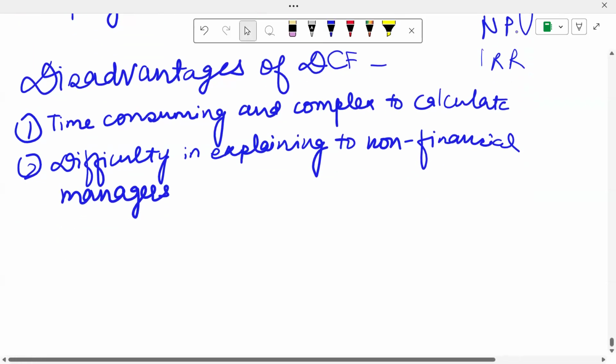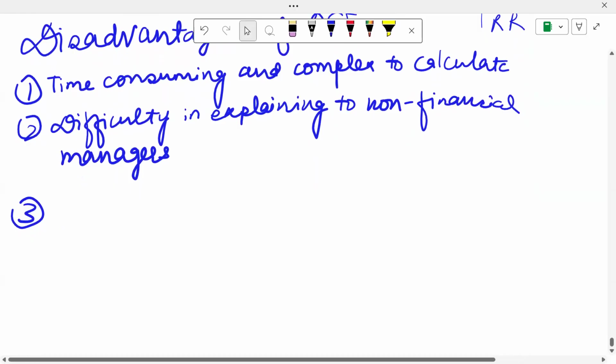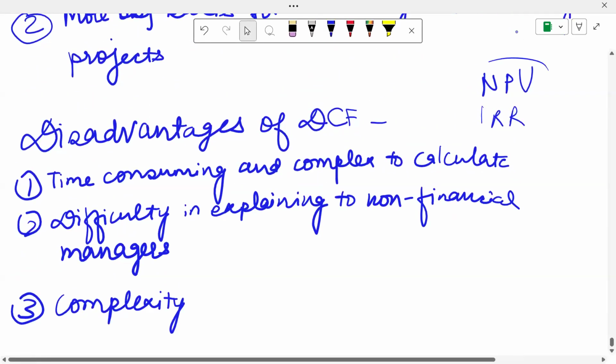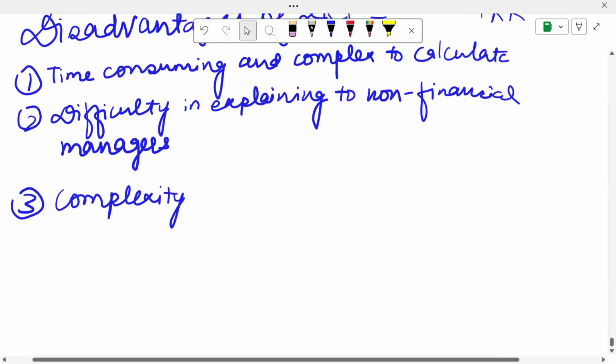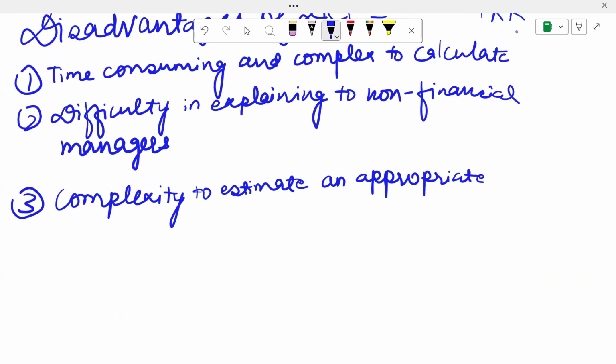Let's talk about a few more disadvantages. Another one is the complexity to estimate an appropriate discount rate. When you're calculating the NPV, you need a discount rate, right? It's very difficult to estimate the discount rate that is appropriate for that company.